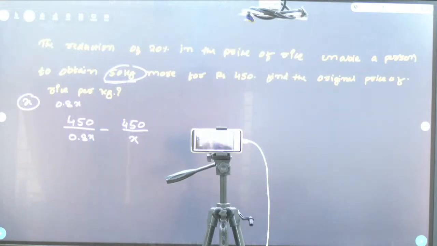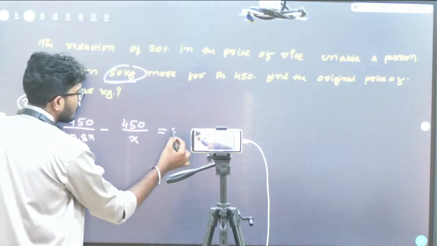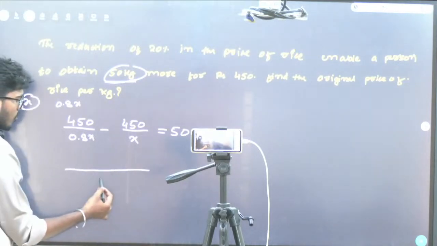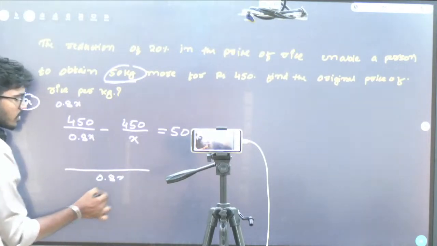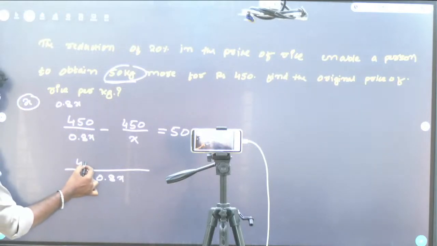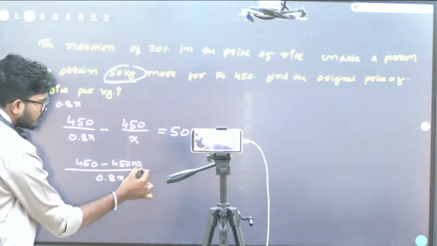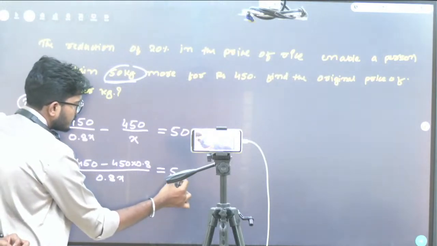Extra 50 kg is coming. LCM already 0.8x. So 450 minus 450 into 0.8 equals 50.